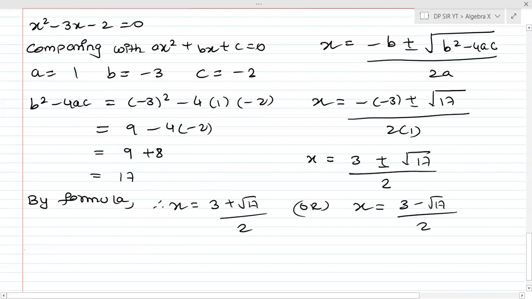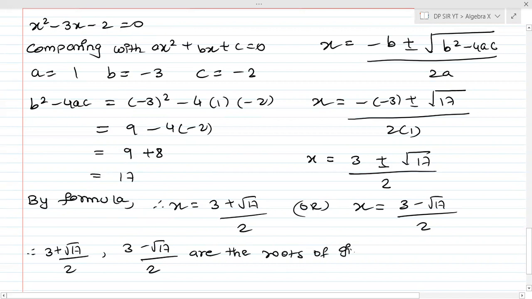Therefore 3 plus root 17 upon 2, comma, 3 minus root 17 upon 2 are the roots of the given quadratic equation.